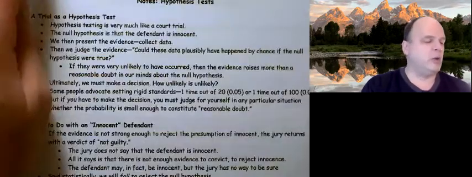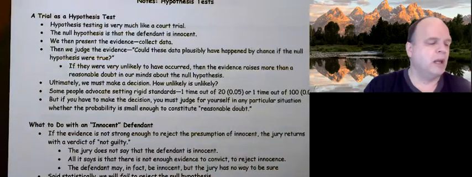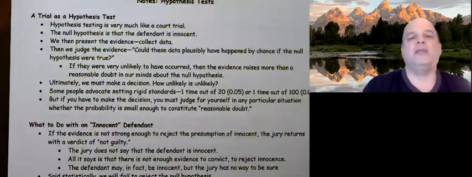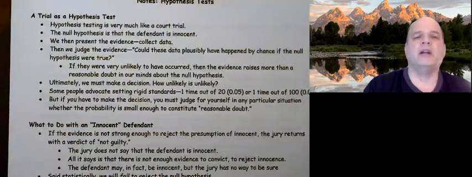And continuing on with the trial, as we've said, it's much like a court trial, and we assume that they are innocent. In other words, we assume the status quo or the claim to be correct, and then we present evidence, which in our case is the data. And if the probability of that data is extremely small, less than 5%, we reject the null and we take the alternative being that they're guilty.